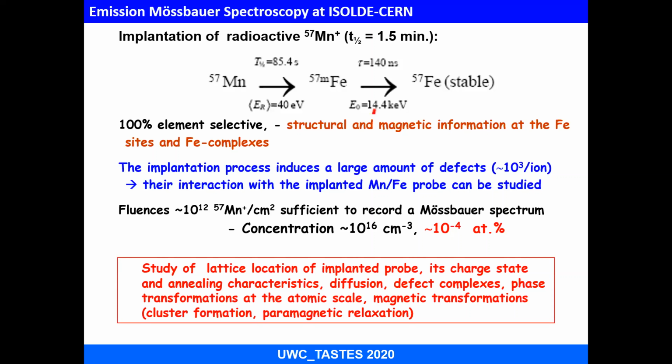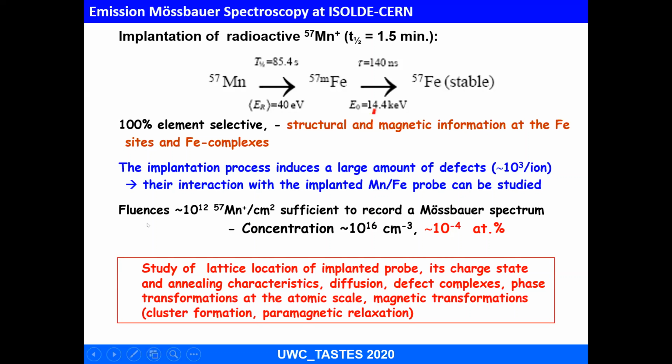Fluences typically are of the order of 10 to the 12 per square centimeter, and this is sufficient to record a Moessbauer spectrum. The concentration at the end of a typical measuring time is of the order of 10 to the 16 per cubic centimeter, which amounts to 10 to the minus 4 atomic percent.